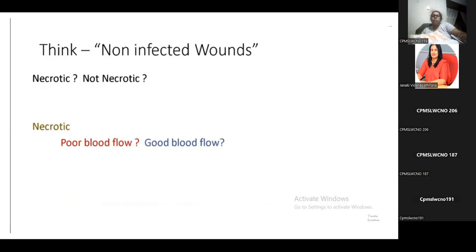So what about non-infected wounds? Non-infected wounds, you have to see whether they have necrotic tissue or not. If there is necrotic tissue, whether they have good blood flow or poor blood flow.